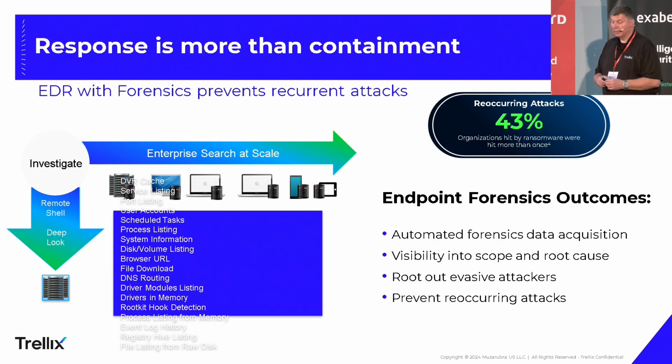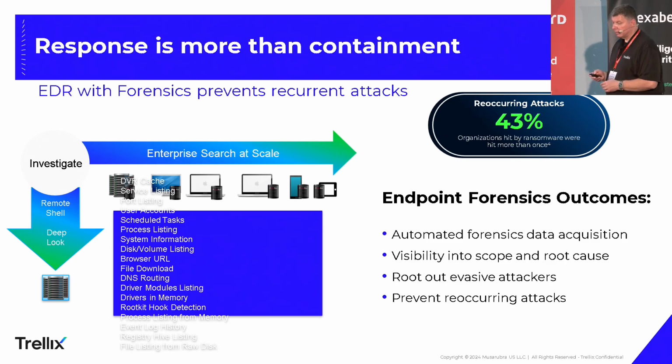We want to be able to do remote shell and deep looking into our environment, and deal with evasive attackers as well. If somebody is trying to evade detection, you can really only identify that with forensics by following the forensic analytics and identifying the specific threats.